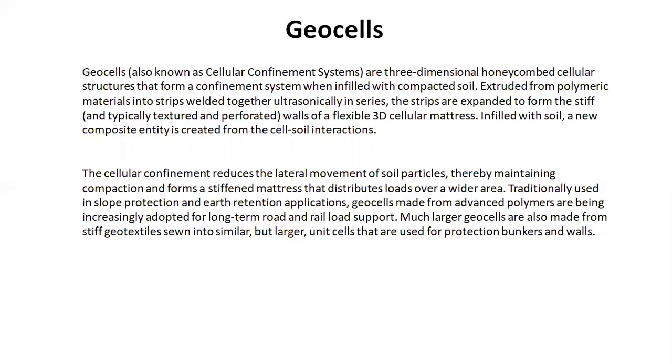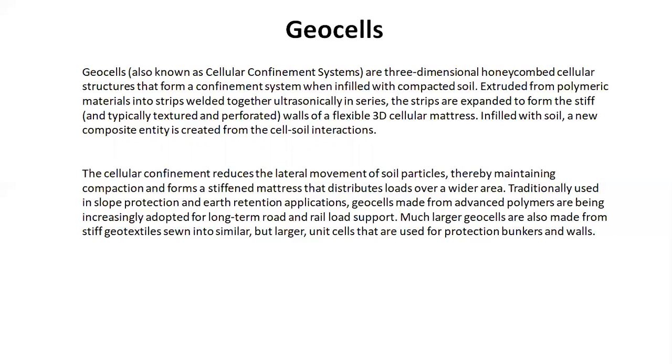So the cellular confinement reduces the lateral movement of soil particles, thereby maintaining compaction and forming a stiffened matrix that distributes load over a widened area, traditionally used in slope protection and earth retention applications.